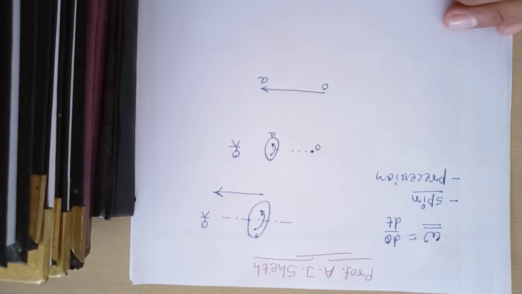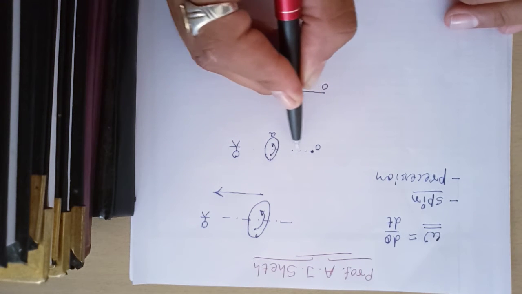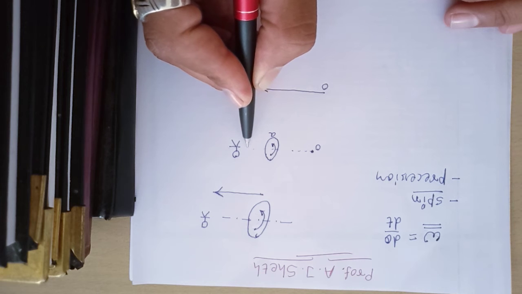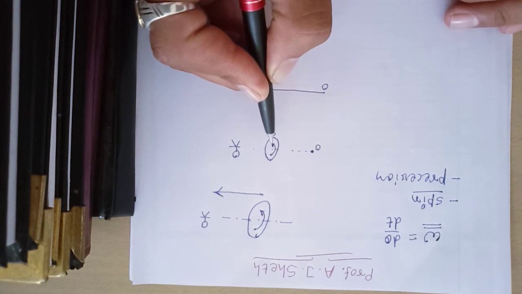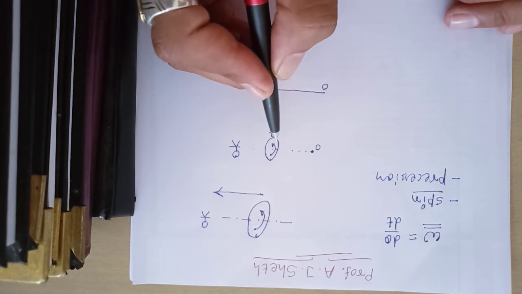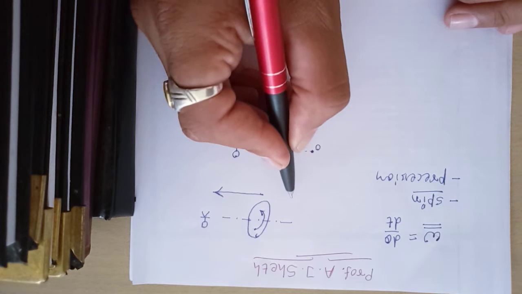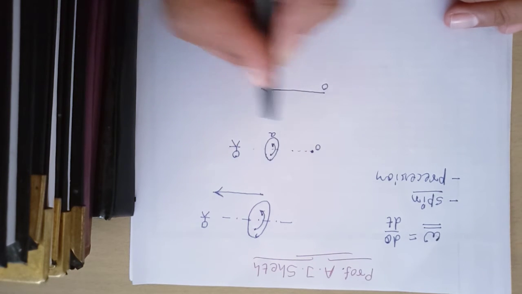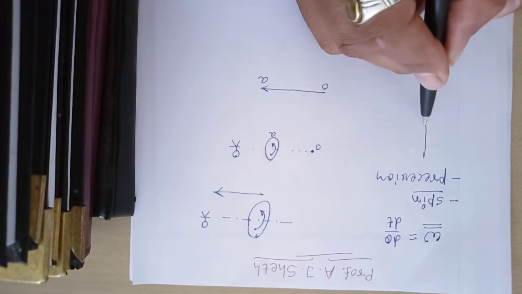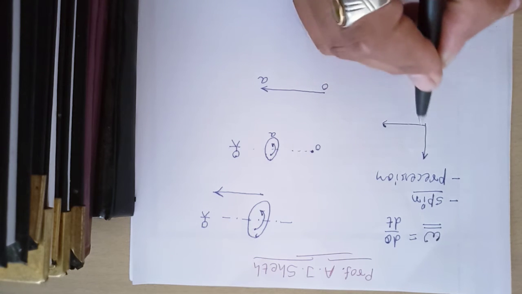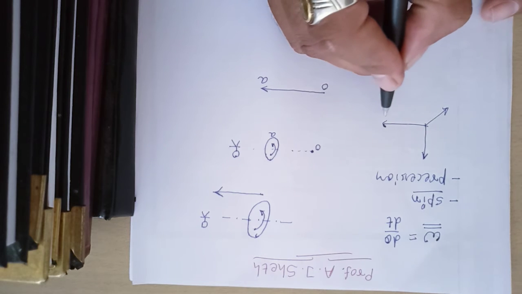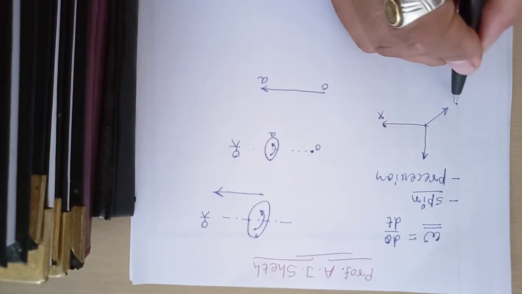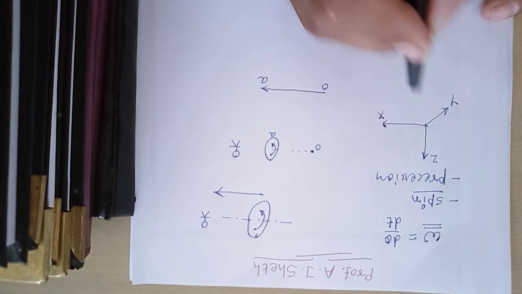Now the axis of this circular body, which is rotating in the anti-clockwise direction, is changing with respect to time. That we can see from the top view. Whenever we consider the three axes x, y and z, suppose this is the x axis, this is the y axis and this is the z axis.